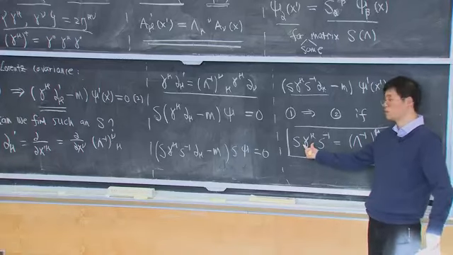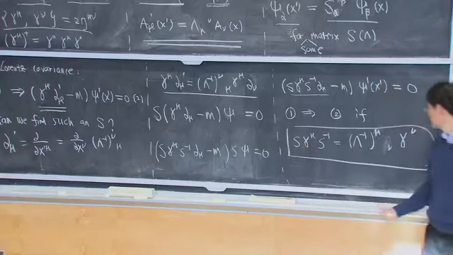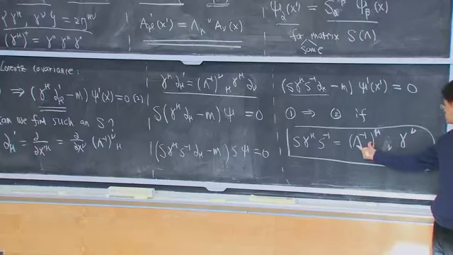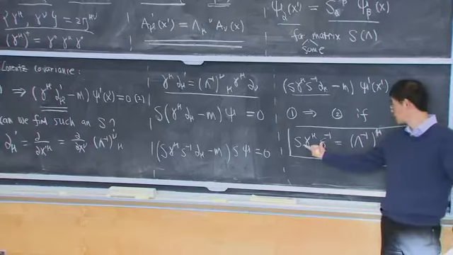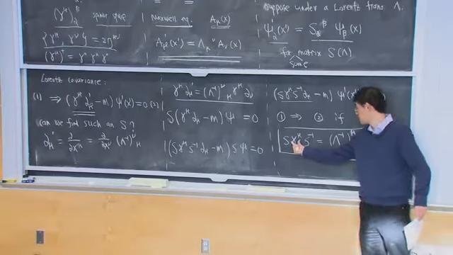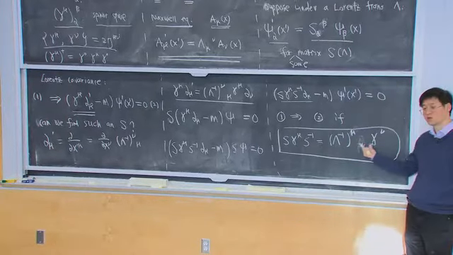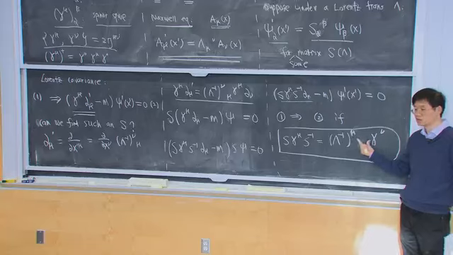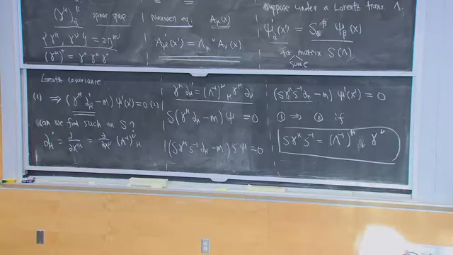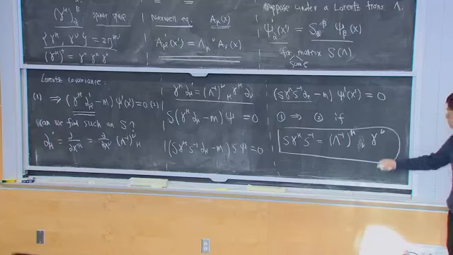Gamma mu is some bunch of matrices, and it gives you this, as if gamma mu transforms as some Lorentz transformation. Yeah, inverse Lorentz transformation. So now let's try to find this S.